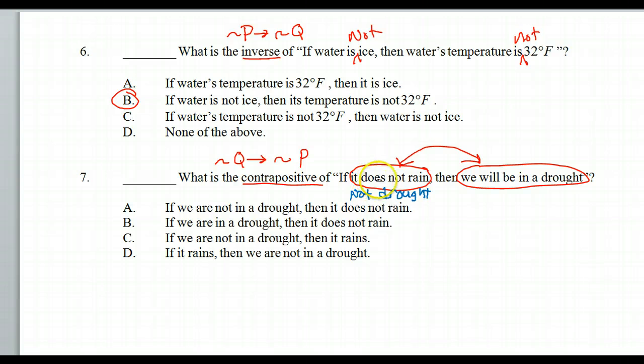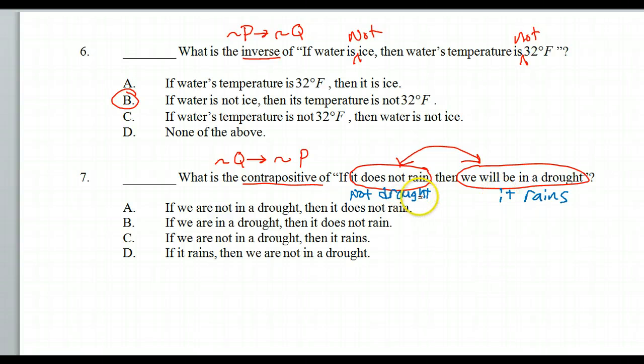Okay, now this one over here says it does not rain. If we reverse it, the part about raining will be over here, but we're going to negate it. So this says it does not rain. If we negate that, it will be like it does rain. Alright, if it already has a not in it, if you negate it, you make it true.